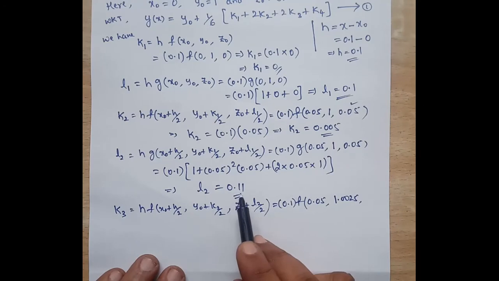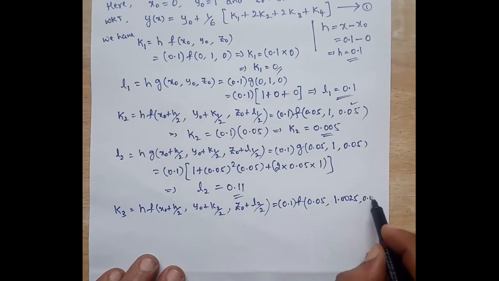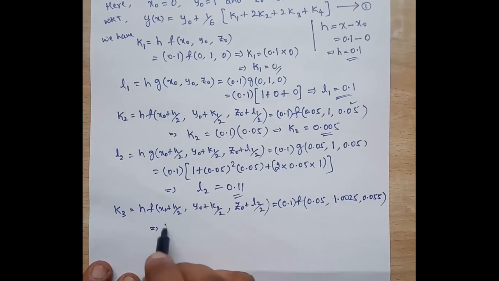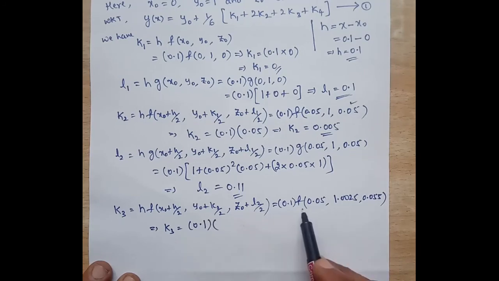L2 is 0.11. 0.11 by 2 plus z naught is 0. So 0.11 by 2 is 0.055. Simplify this. This implies K3 equals, it is 0.1 into f of this.